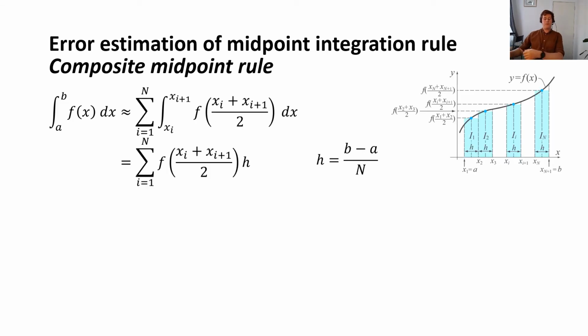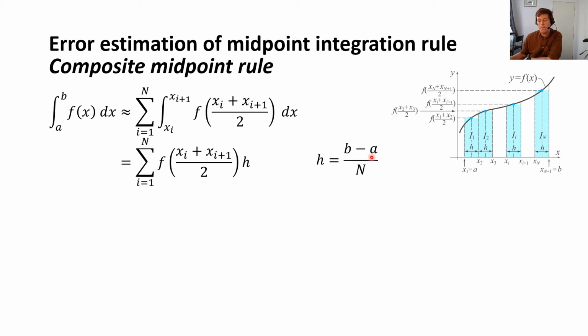However, we've also seen that whenever we're dealing with large integration bounds, or a large integration interval, we can increase the accuracy by not doing the midpoint rule in one step as an approximation to this integral, but by using a composite rule.